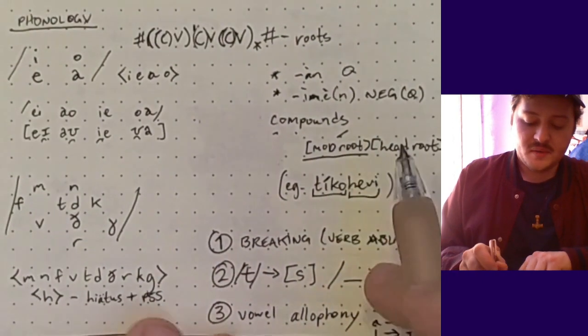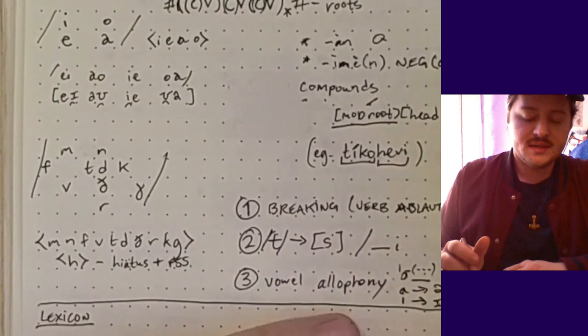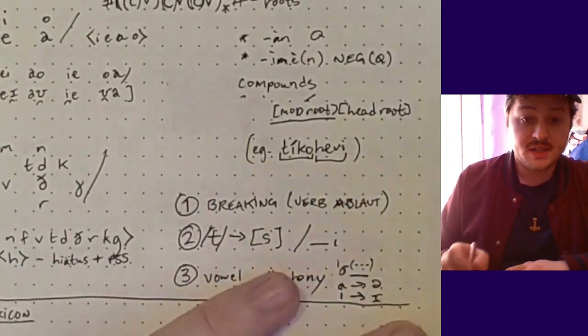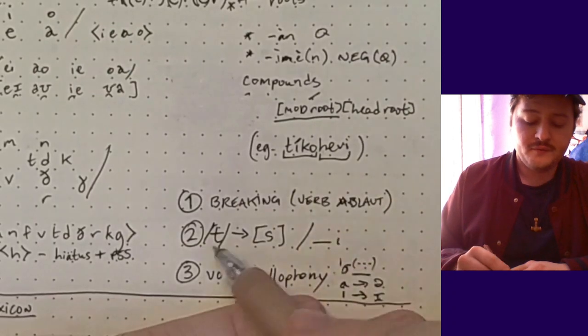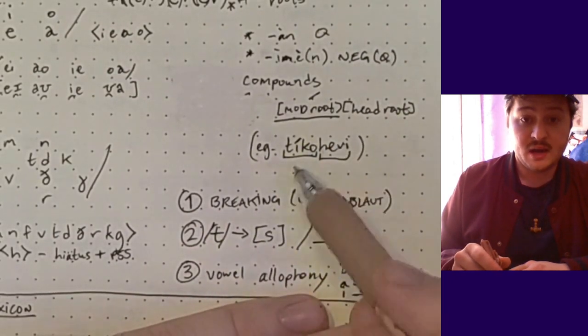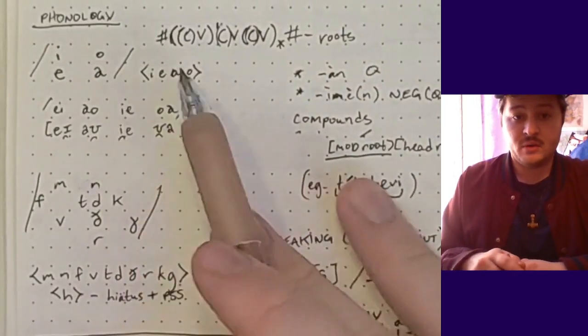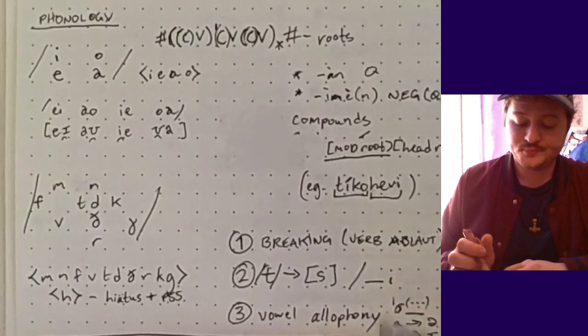All right. Now there's some vowel, or sorry, it's not just vowels. There is some sound change that happens in this language. And I put them in specific order. First, there is the vowel breaking, where these vowels will become those four diphthongs when they become verbs.